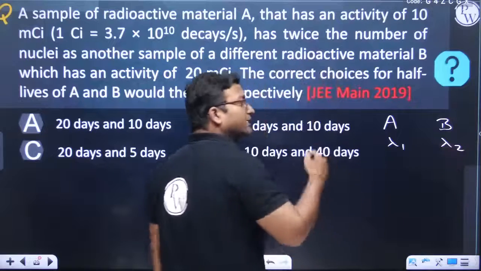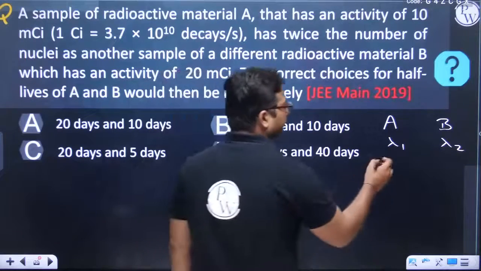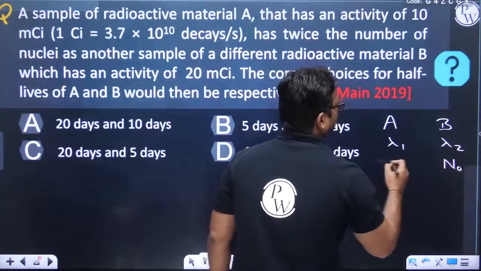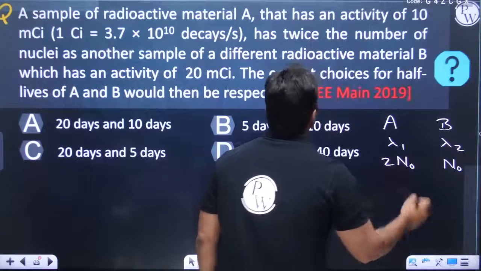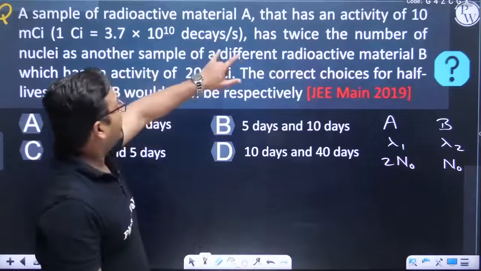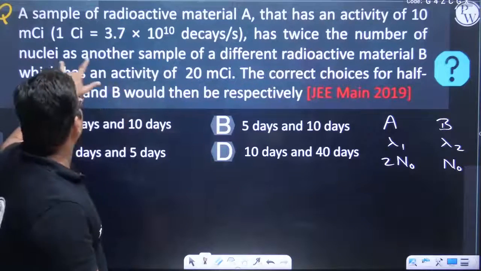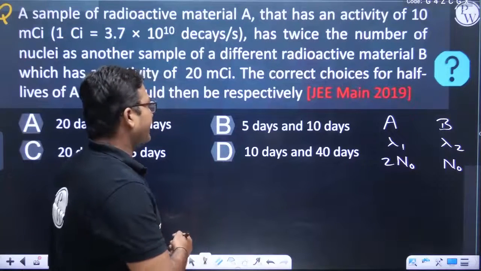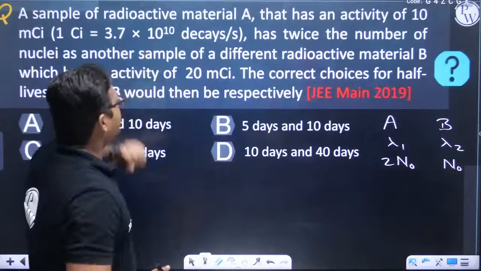Their initial numbers of nuclei are 2n naught and n naught, as they say. A has twice the number of nuclei of the other sample B.